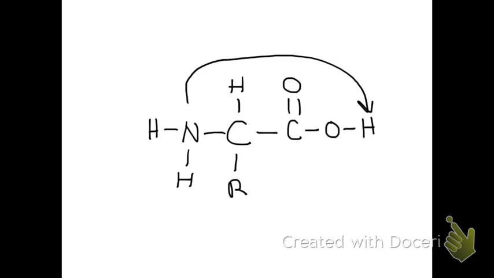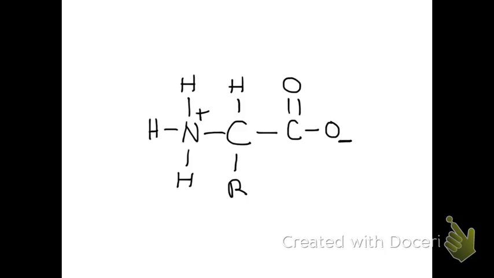So we are going to now lose this hydrogen, and our nitrogen now has the hydrogen. We form a positive charge on the nitrogen and a negative charge on the oxygen, and we have our Zwitterion. Alright? And that's all there is to it. And it is an acid-base attack.